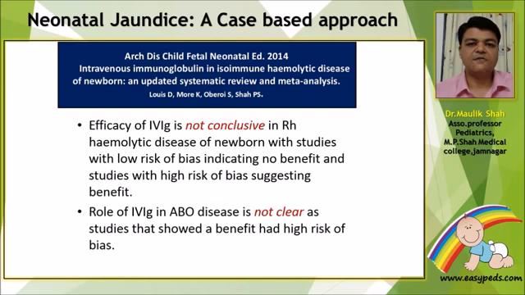One of the studies which I found, from Archives of Disease in Childhood, Fetal and Neonatal Edition, said that the efficacy of IVIG is not conclusive in Rh hemolytic disease of the newborn. The role of IVIG in ABO disease is absolutely not clear, and there is no benefit of using it in ABO disease as per the study.